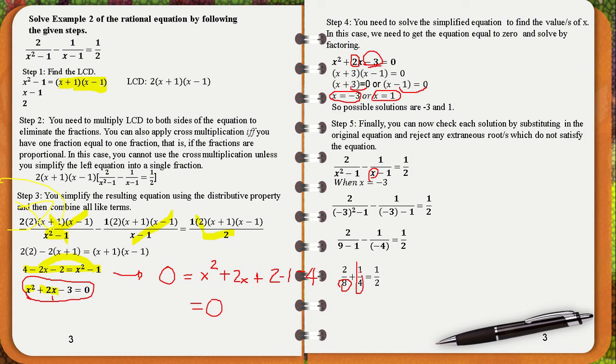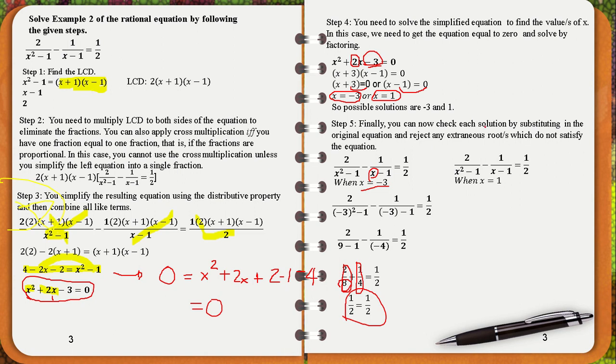So naging positive 1/4 yan. Is equal to 1 half. 2 over 8 plus 1/4 equals 1 half. So kapag reduce natin itong 2 over 8 into its simplest term, magiging 1 over 4 plus 1 over 4 equals 1 half. So tama, the x is equal to negative 3 because it satisfies the equation.